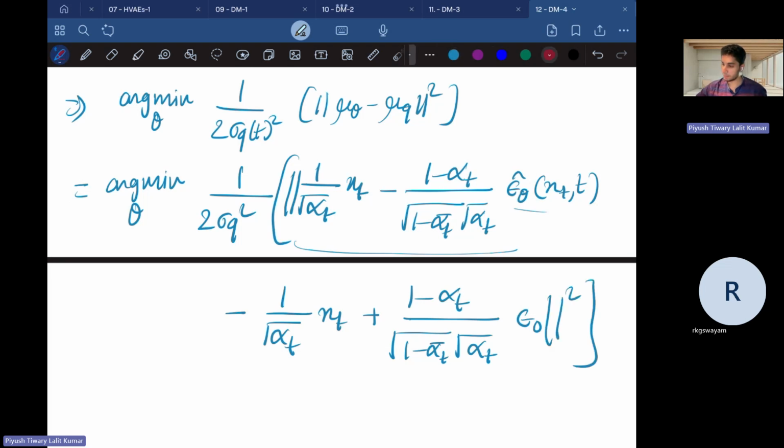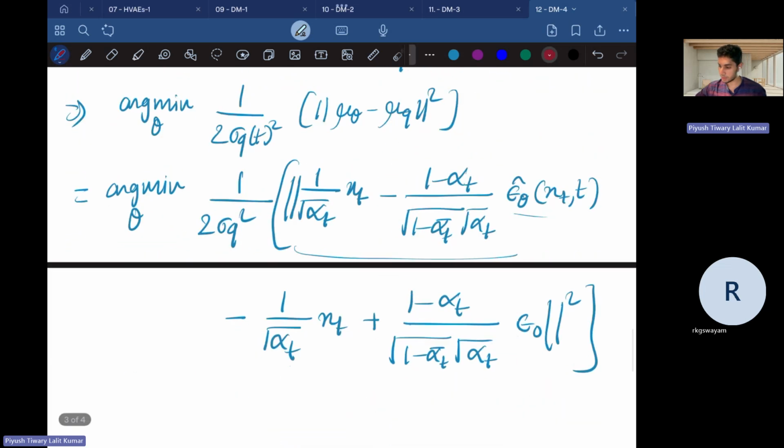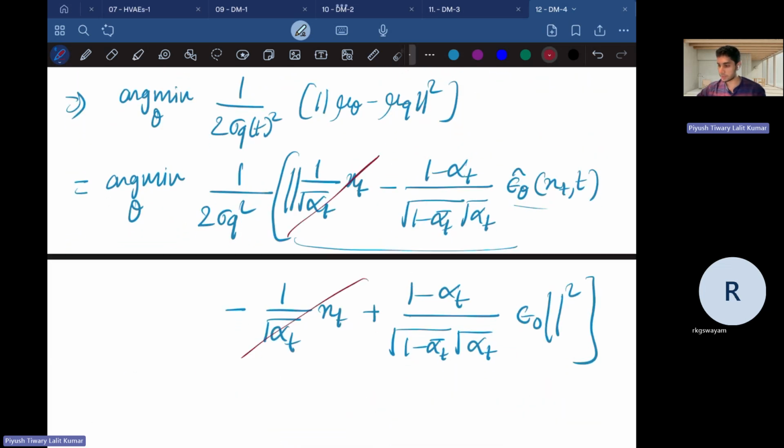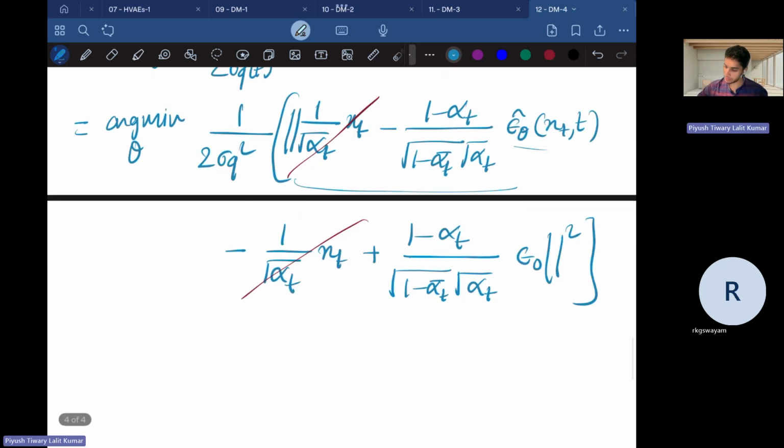So now what will happen? Again, the benefit of doing such parameterization is that things get cancelled out. This thing gets cancelled out simply, right? And this thing will become arg min over theta of 1 by 2 sigma q square.